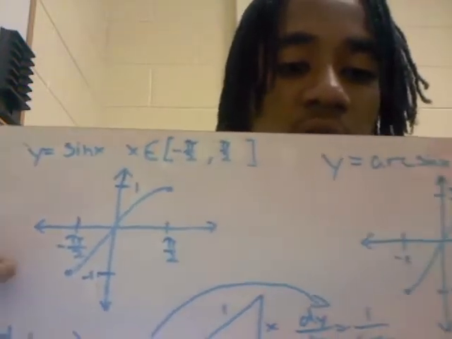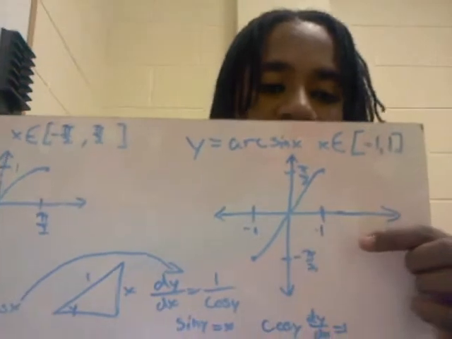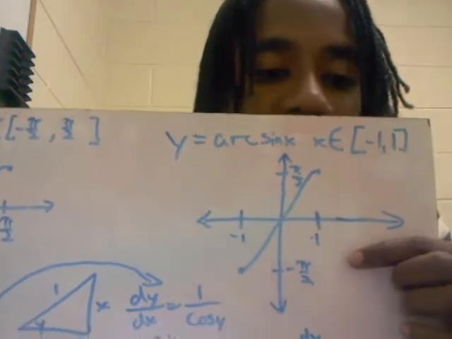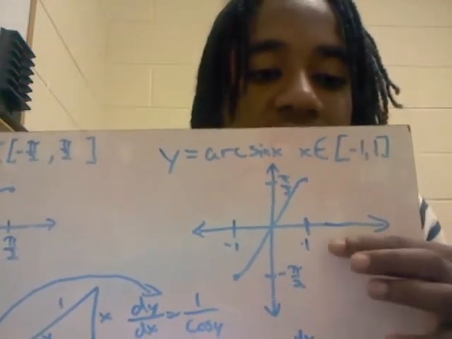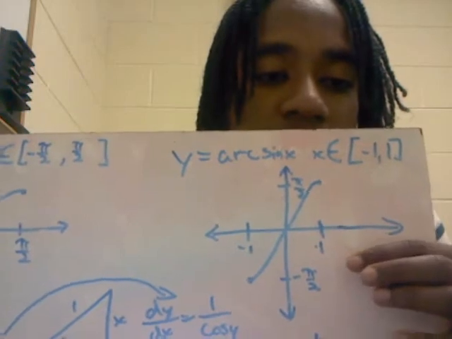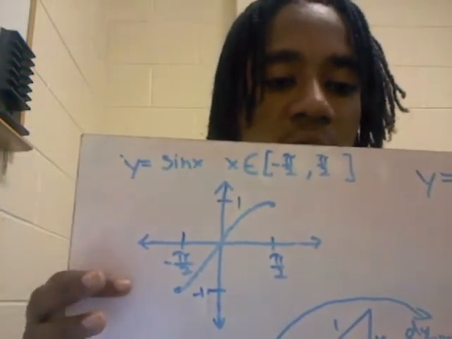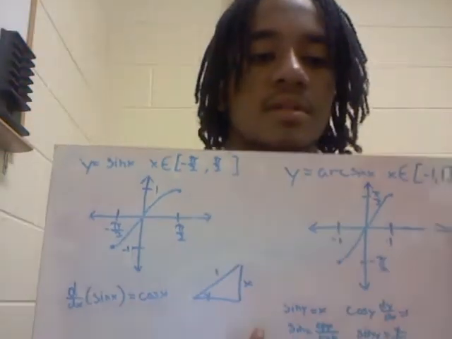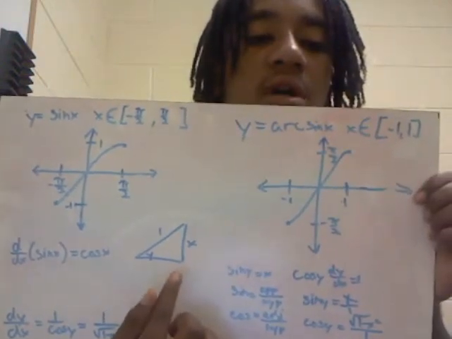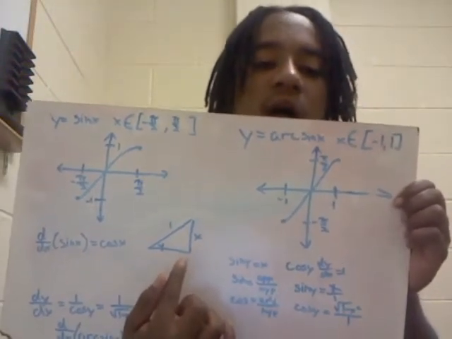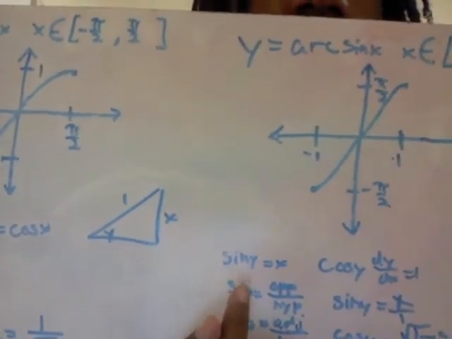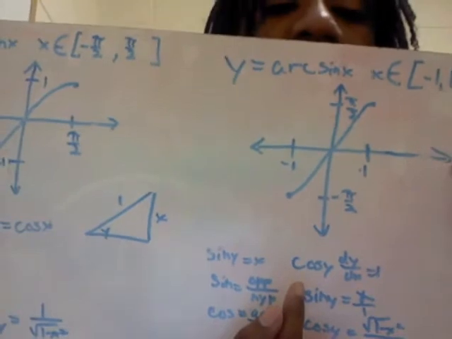Now, once you do the arc sine, which is the inverse sine, from x in the closed interval from -1 to 1, it is going to be a slightly skinnier slope of a line compared to the much wider slope of sine of x, which leads to this triangle of hypotenuse 1, opposite side x, and an angle of y. Using this triangle, we know sine y equals x and cosine y dy/dx equals 1.